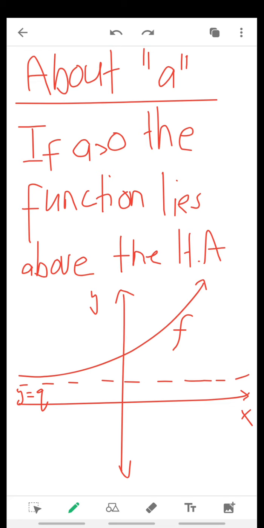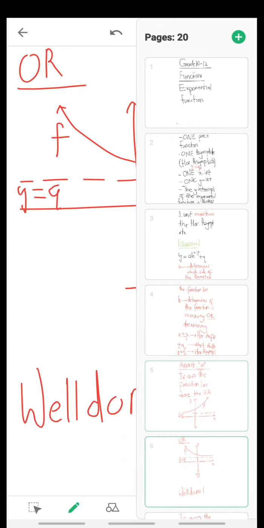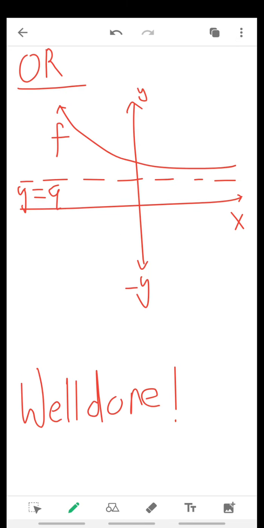This is the asymptote, and since a is positive, the function is above the horizontal asymptote. But we may also have this shape of the exponential function where a is still positive and the graph is above the horizontal asymptote, but just the shape is different. And we will talk about that when we go to b.